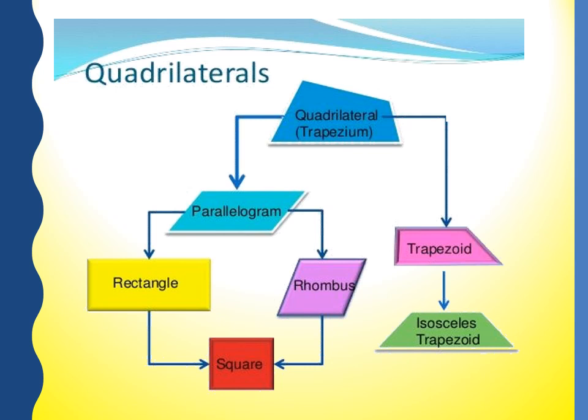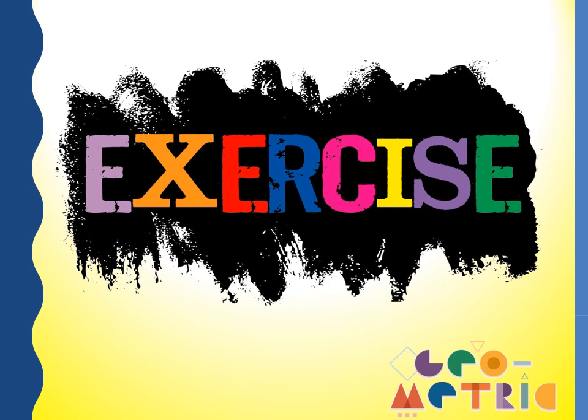Then the square has all the previous features: each two opposite sides equal and parallel. About the angles, four right angles. About the diagonals, equal and perpendicular diagonals. Let's have some exercises.